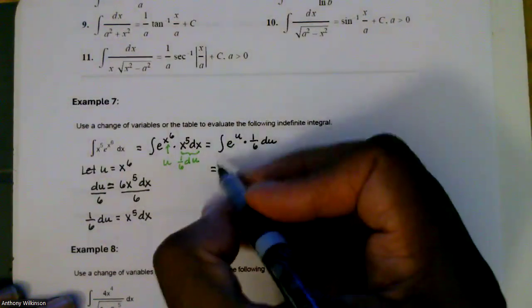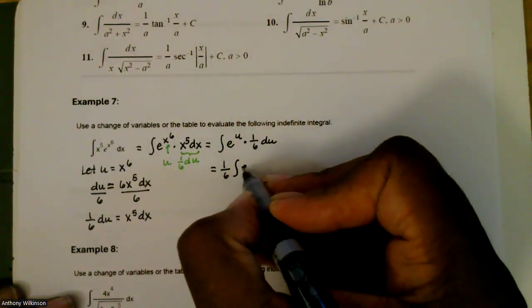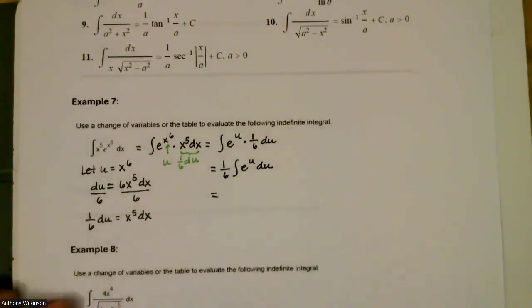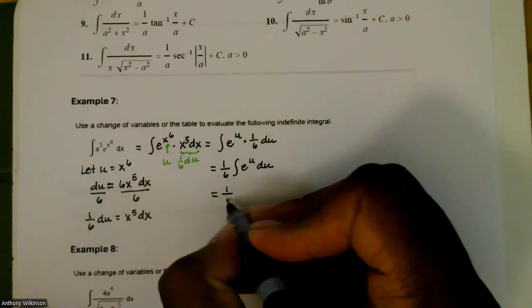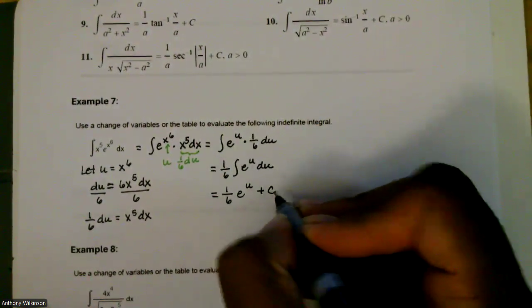And then I can pull the 1/6 out in front of the integral sign, so it'll be 1/6 times the integral of e to the u du. And the integral of e to the u du, the simplest integral you can take, would be e to the u. So I have 1/6 e to the u plus c.